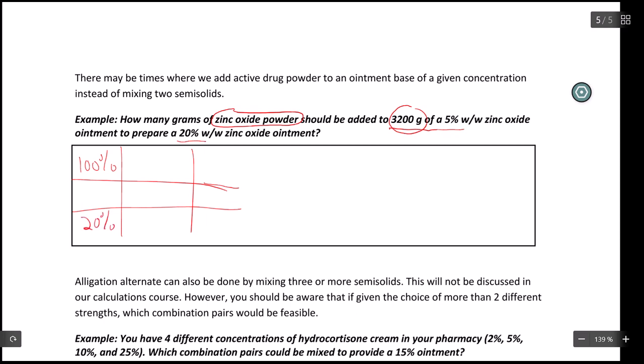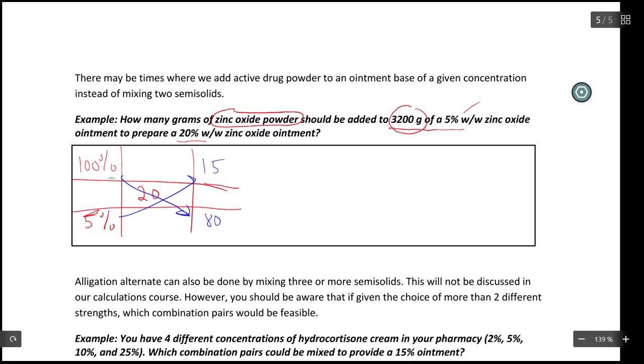The 5%, which is where the drug is coming from, that's the zinc oxide ointment. We're looking for 20%. And again, we're going to do our math subtraction down here and down here. So this would be 80, and 20 minus 5 would give us our 15.